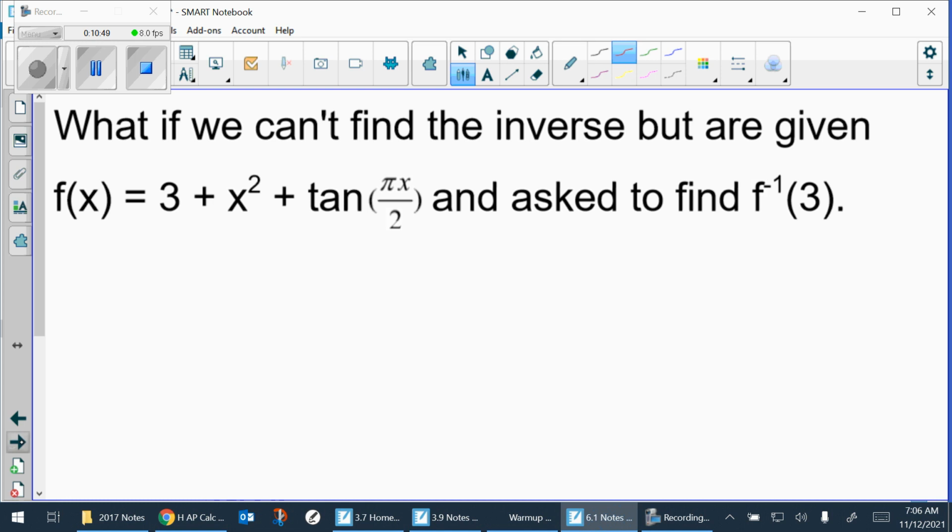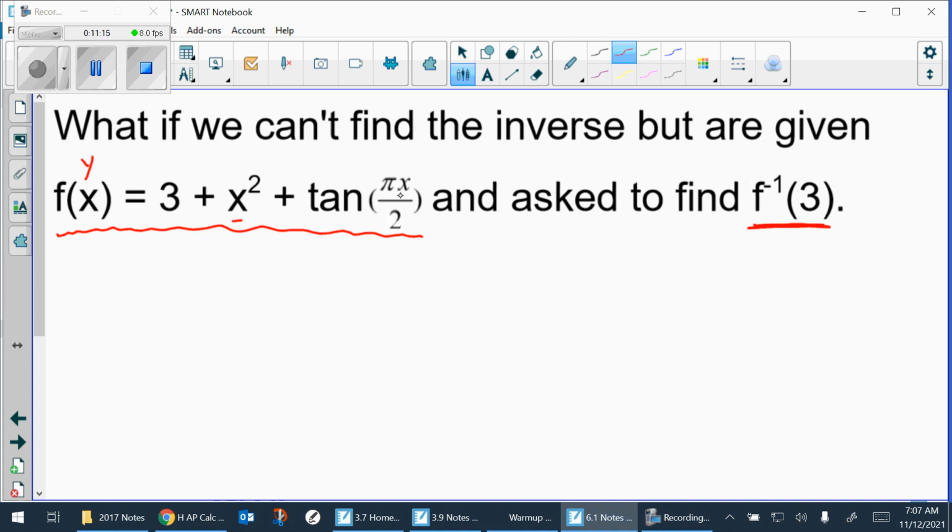Okay. Now, there will be times when you'll be asked to find the inverse of something. Let's find the inverse of this function. Let's evaluate that at 3. Well, if we think about trying to find the inverse, and don't write this down, I'd consider this thing to be y. Here I've got an x right here and an x right here.